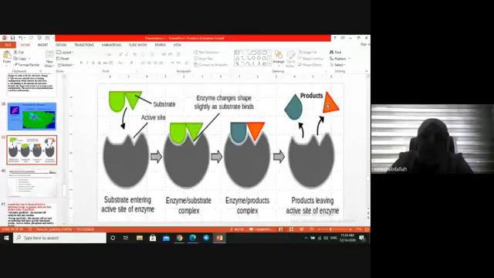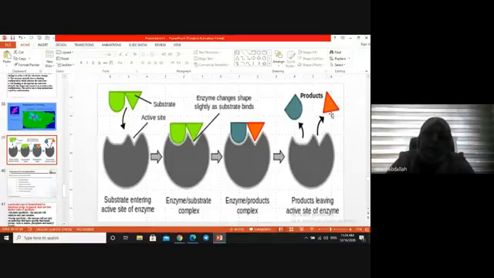As we see, the product is leaving the active site of the enzyme.